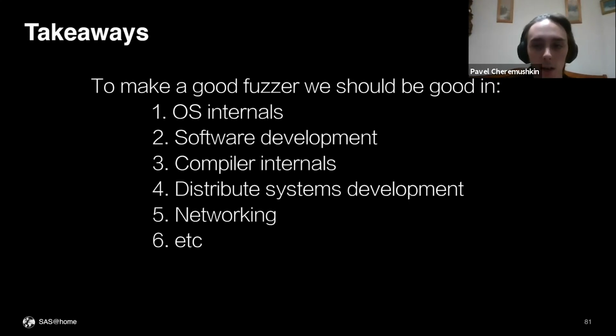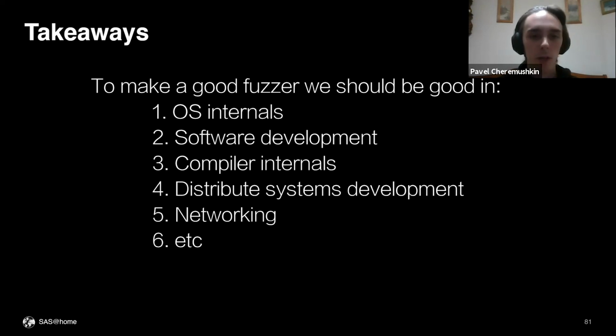And one of the last points that I'd like to make: I'm really happy that I'm working in this industry, because to be good at information security, you have to be good at almost every aspect of computer science. In this case, you have to be good in OS internals and software development to build tools like snapshot-based fuzzers.